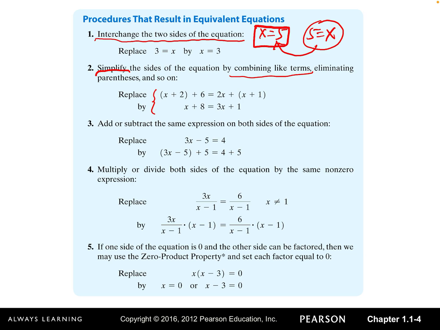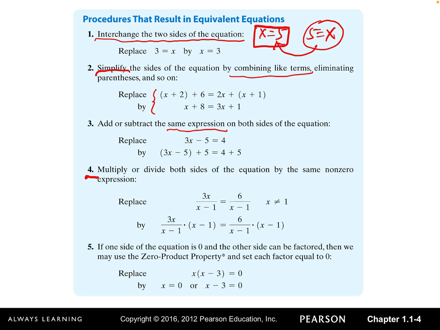What does this principle state? It states that when you add or subtract the same expression on both sides of the equation, the equation remains equivalent. I'm sure you already learned this before, so this is just summarizing it. I will apply those procedures to specific examples later on, so I will explain more.